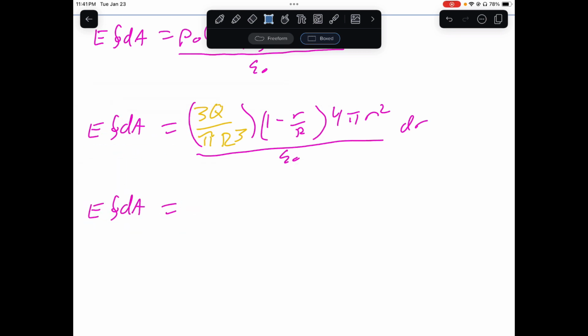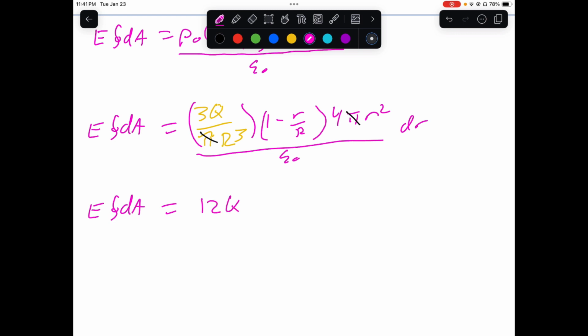Is there anything that we can do over here to simplify this? Oh, look, we can cancel out a pi. Great. Awesome. Anything else we can do? Let's see. I got a 3 coefficient, a 4 coefficient, so I got a 12. That's something, I guess.